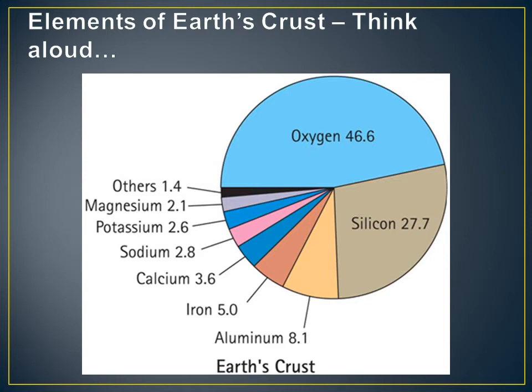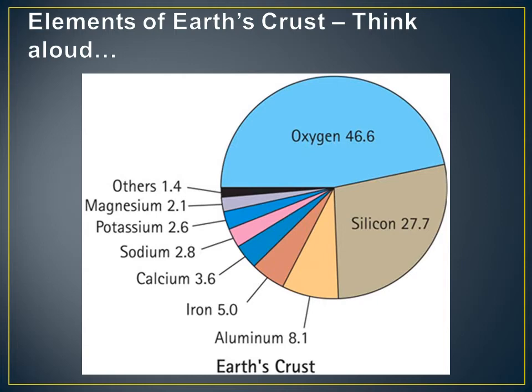Now, the elements of Earth's crust. I hoped that we could have talked about this in class, but since this is our video, I just want you to look here at what the crust is made up of. Primarily, it's made up of oxygen, 46.6%. But the second largest element within the crust is silicon, 27.7%.